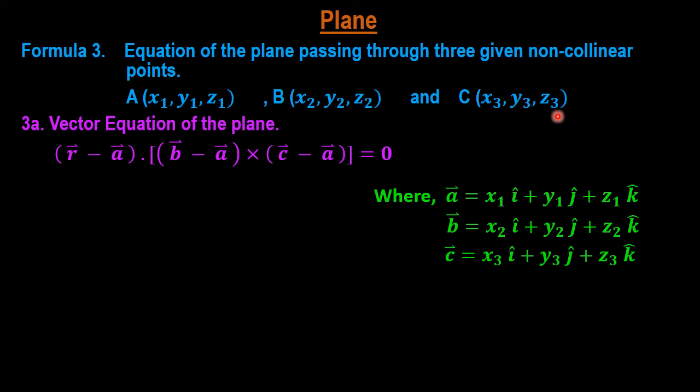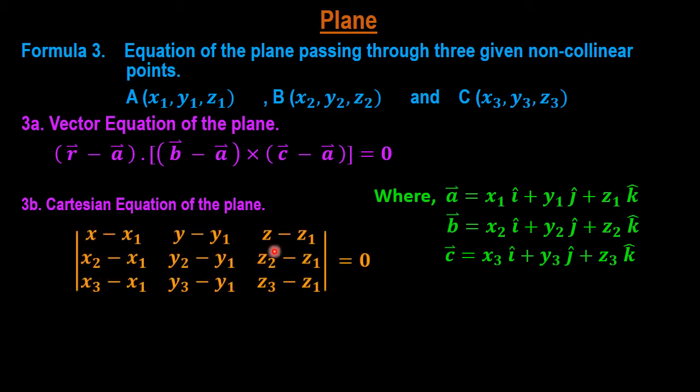Now let us write the formula to find the equation of the plane in Cartesian form. And the formula is the determinant with the first row x minus x1, y minus y1, z minus z1, the second row x2 minus x1, y2 minus y1, z2 minus z1, and the third row x3 minus x1, y3 minus y1, z3 minus z1, equals 0.